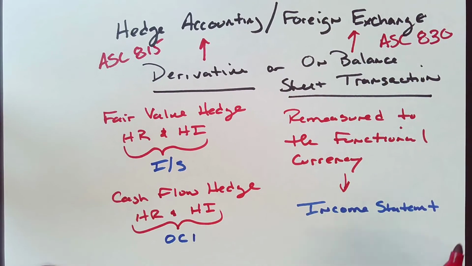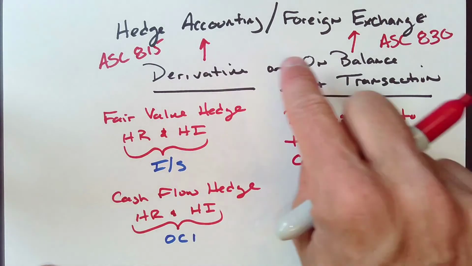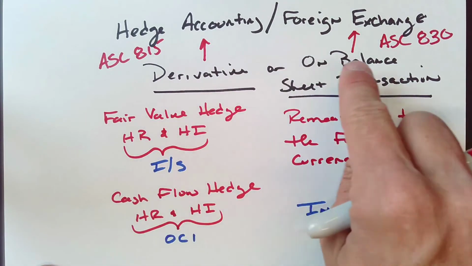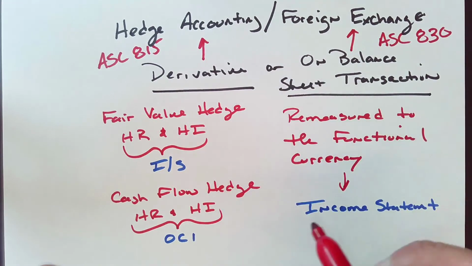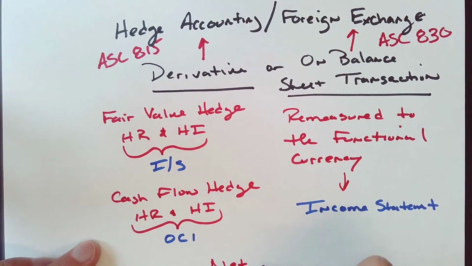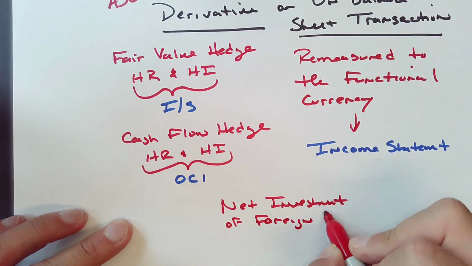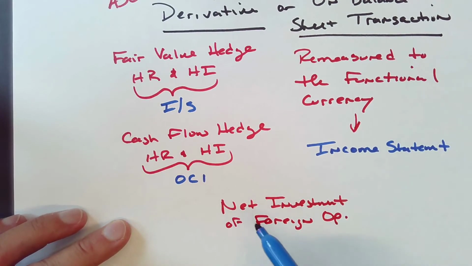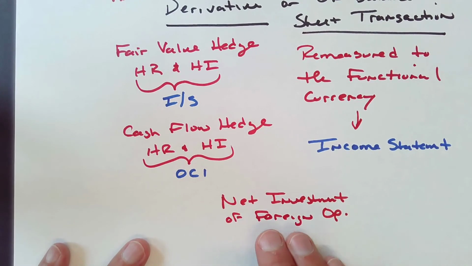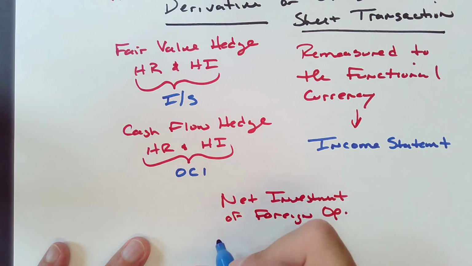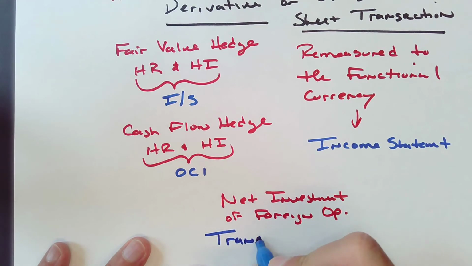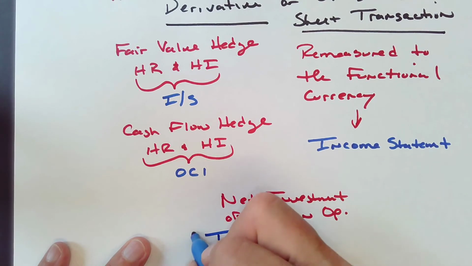The interesting thing is, if we are hedging, whether using on balance sheet or derivative, if we are hedging the net investment of a foreign operation, because the net investment, if we think about translating the net investment, we don't remeasure the net investment, we are translating the net investment.